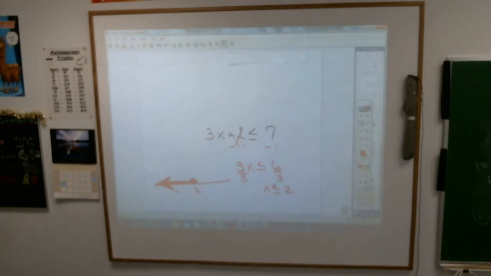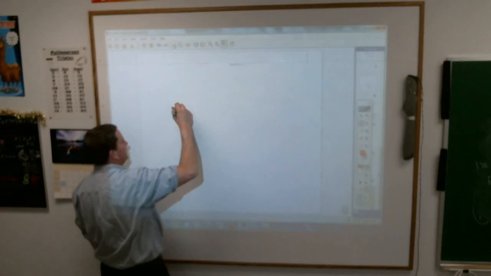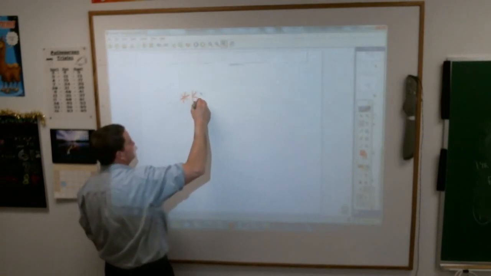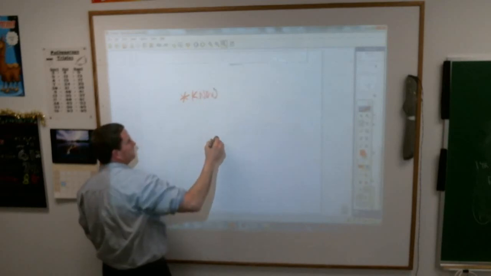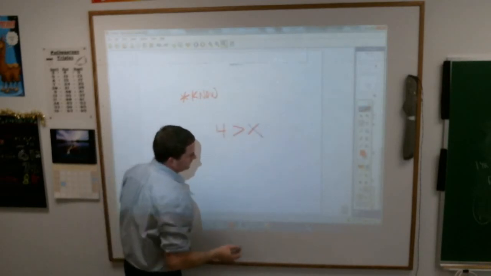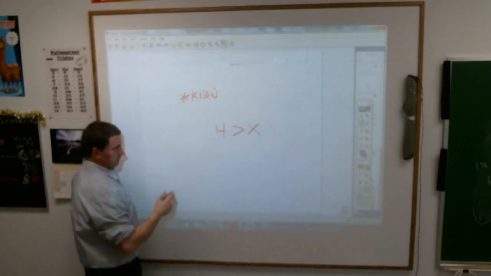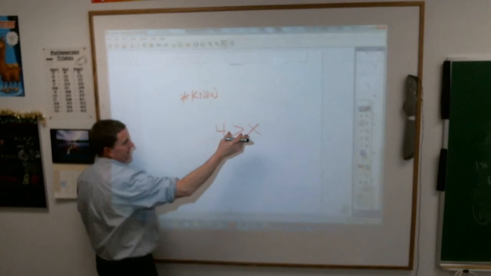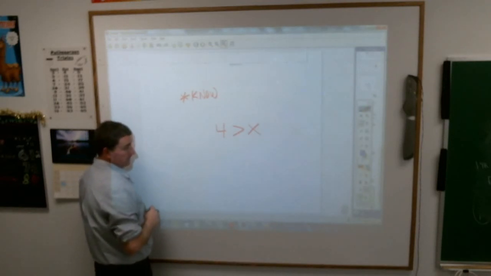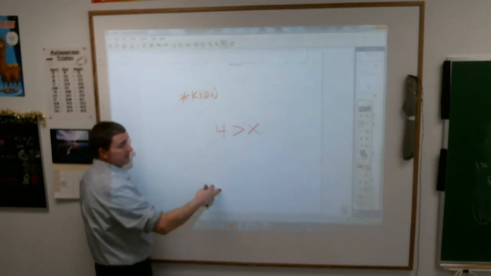Sure, why not? Now, put this down in your notes. Special things to consider. For right now, you're not allowed to have the x on the right side. It's not like equations, where it doesn't matter whether you put the x on the left side or the right side.